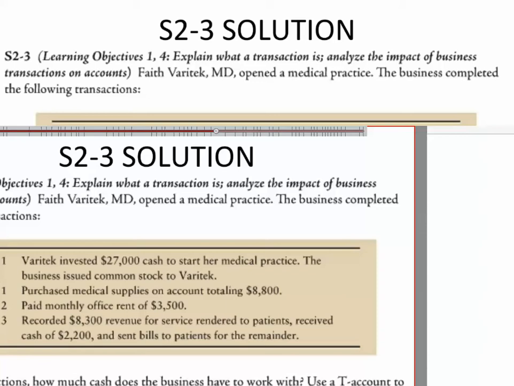It belongs on whichever side is greater, and in this case we have more debits than credits. What that T account means right now is at the end of this month, she has 25,700 of cash in her account. So a T account is just a quick way to keep track of what's going on in an account.